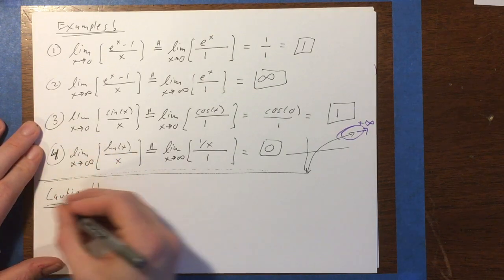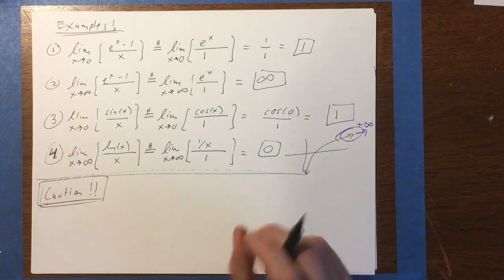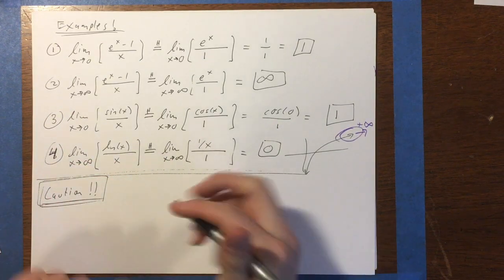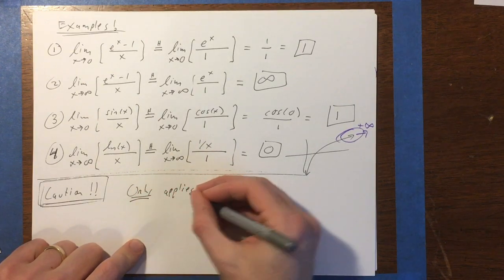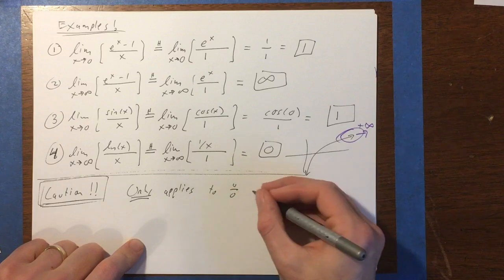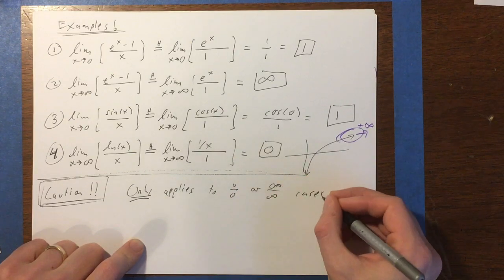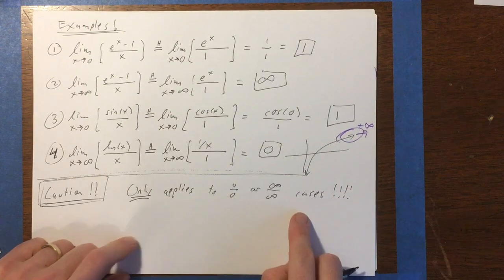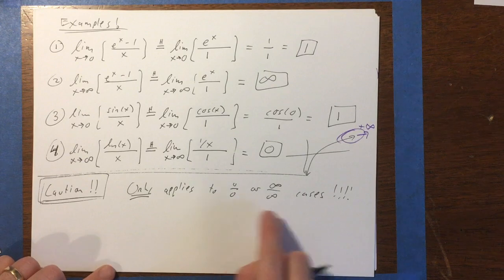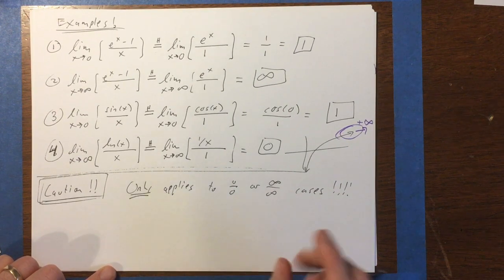Now, I want to issue a word of caution about L'Hopital's rule. I mentioned that it only applies to 0 over 0 or infinity over infinity cases. If you are in any situation that is not 0 over 0 or infinity over infinity, then it does not apply, and in fact will give you the wrong answer.